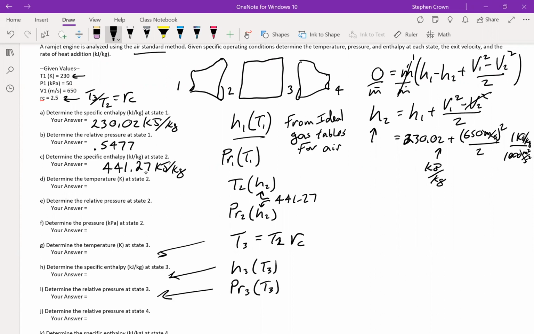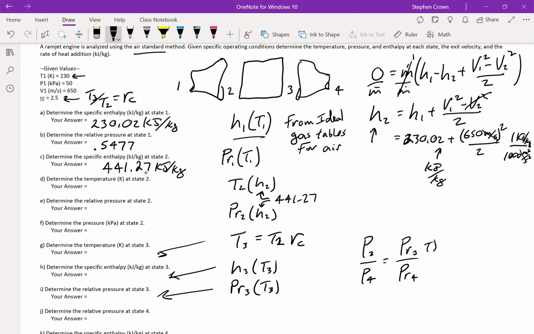And then we know that the pressure at 4, just like the other problem, goes back to the pressure at 1. So when I have P3 is known, divided by P4 equals PR3 over PR4.